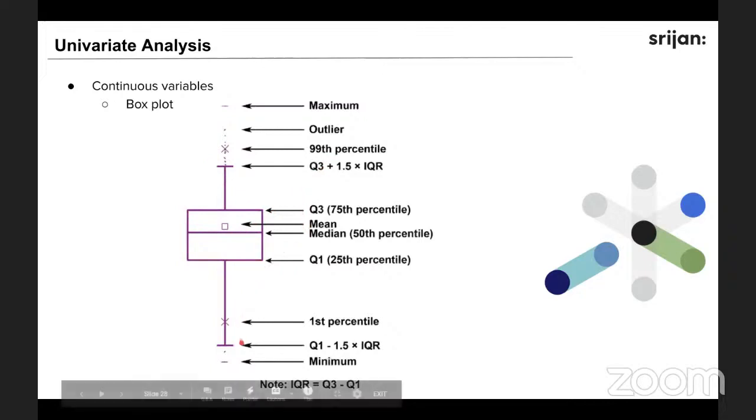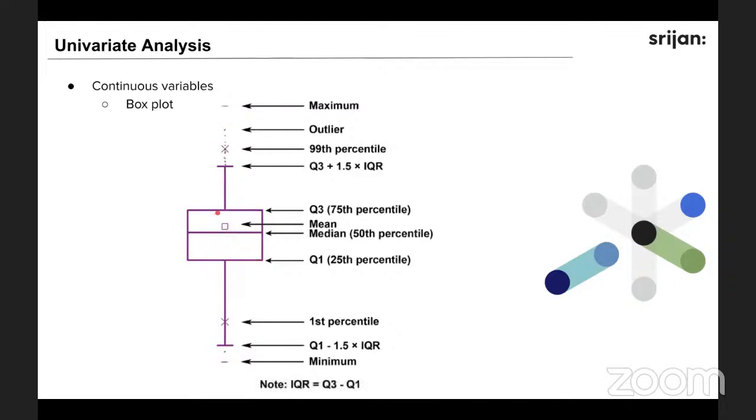This is called the Q1 range, which is a simple range where 25% of the distribution lies. Similarly, if we talk about this particular line and measure from here, it says that 50% of the data lies within this particular range.